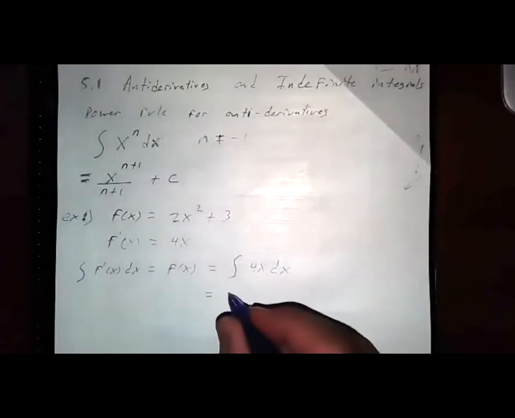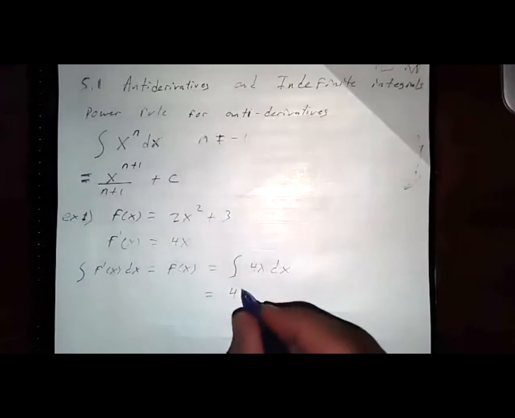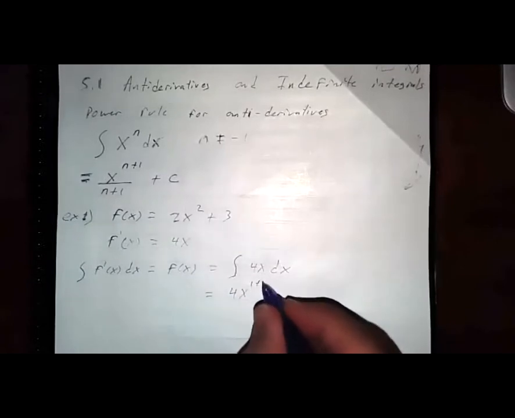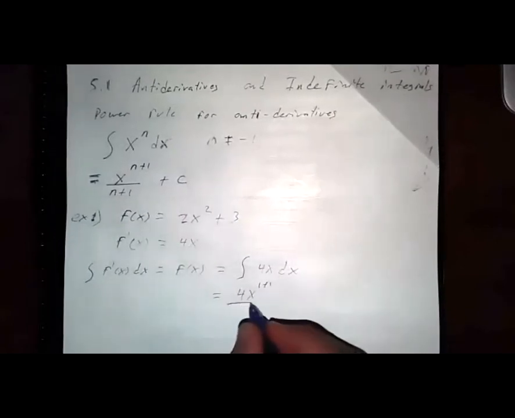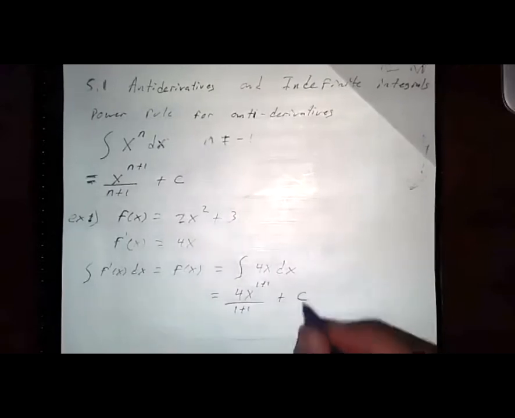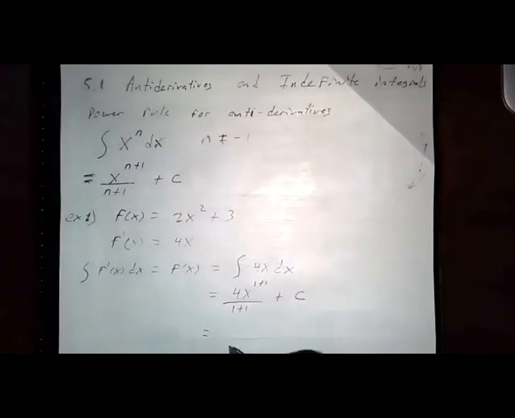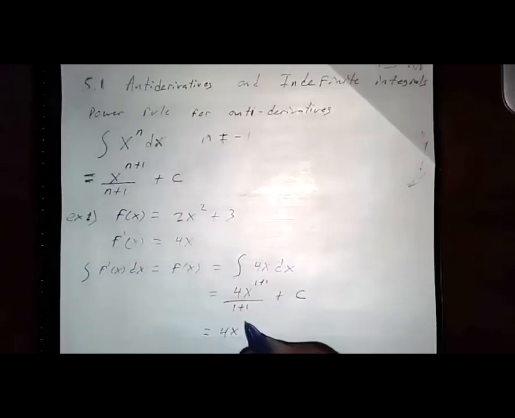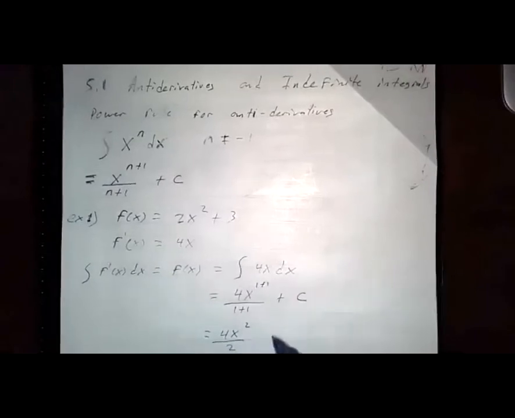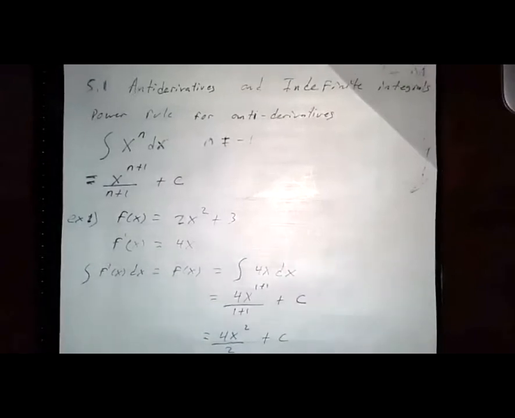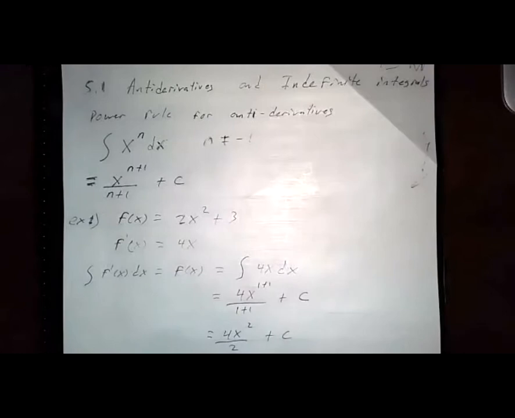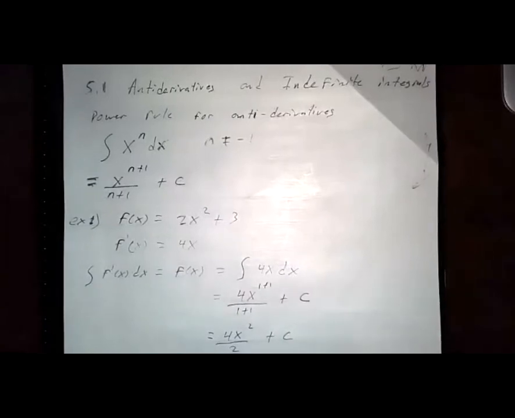So what that would give us, you take the number that's up here, 1 plus 1, and divide it by the same number, 1 plus 1. Then you have some constant c over here. When you finish this, you'll end up with 4x squared over 2 plus your constant, which is equal to 2x squared plus c.